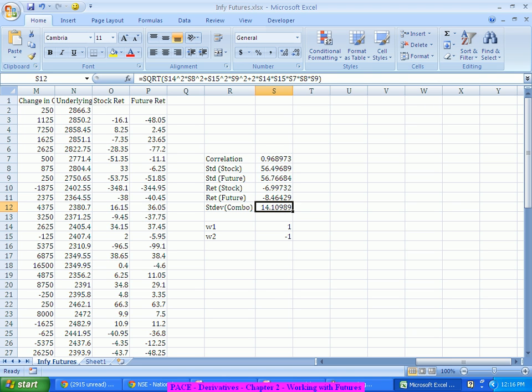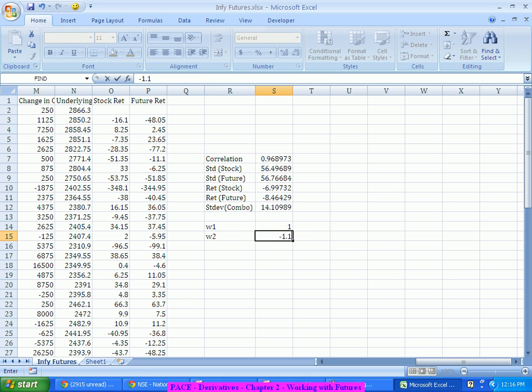Instead of taking, let's say, -1, just see, instead of -1, I take -2. The risk has increased. Risk has become 60. Or instead of -2, I make -0.8. The risk has gone to 16. Whereas when it was -1, the risk is at 14.